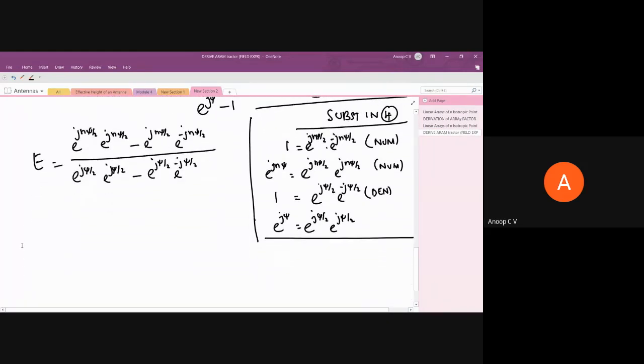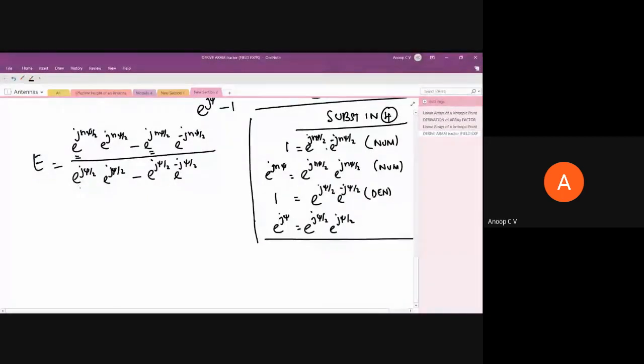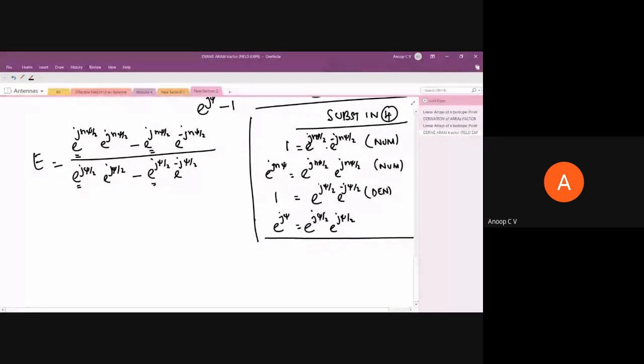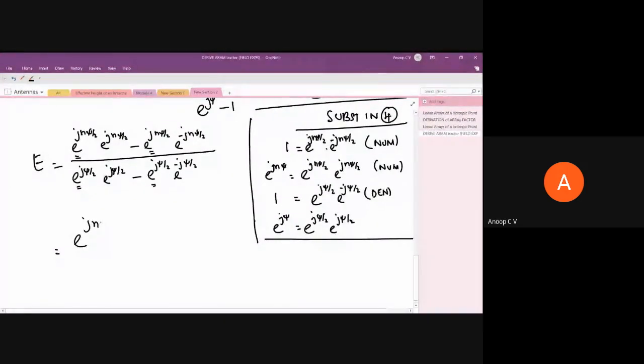So now I can take e power j n psi by 2 common out in the numerator, and e power j psi by 2 common in the denominator. Then I can rewrite it as e power j n psi by 2 divided by e power j psi by 2, which are common.